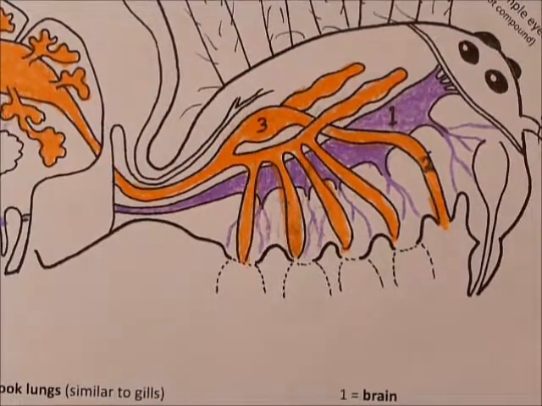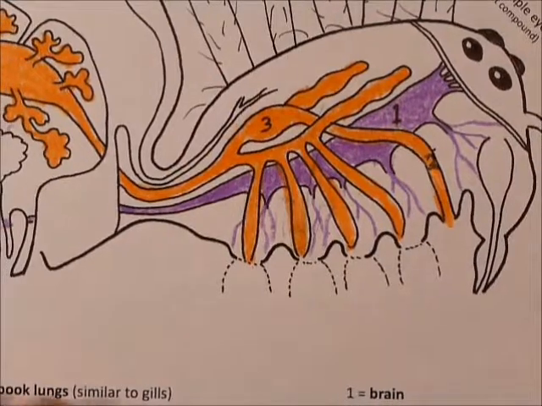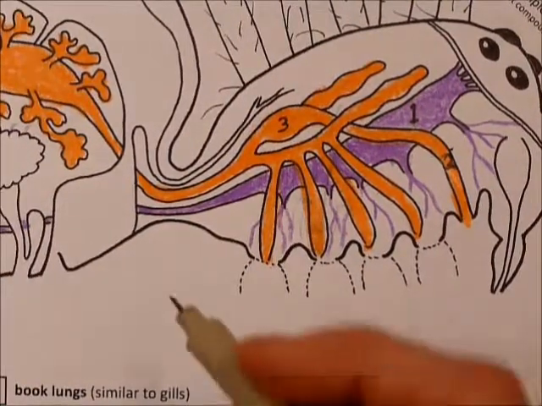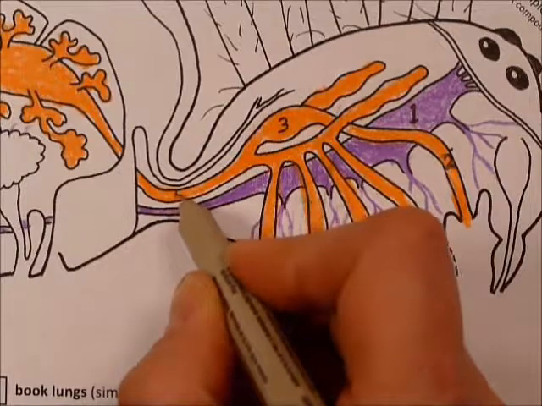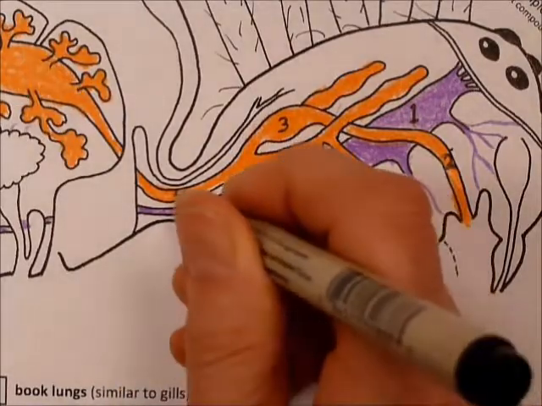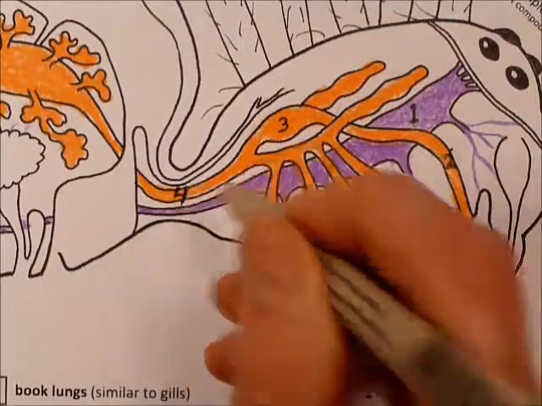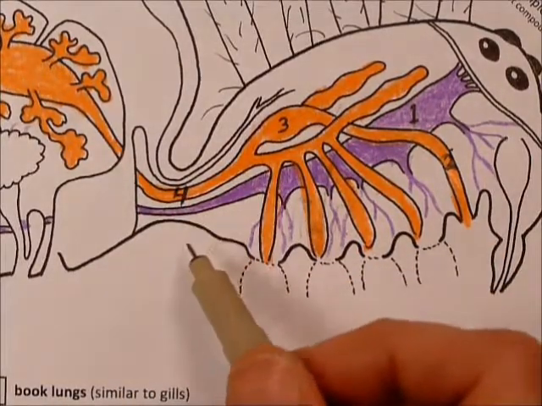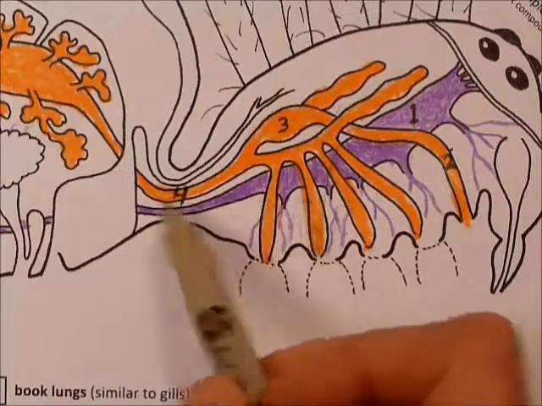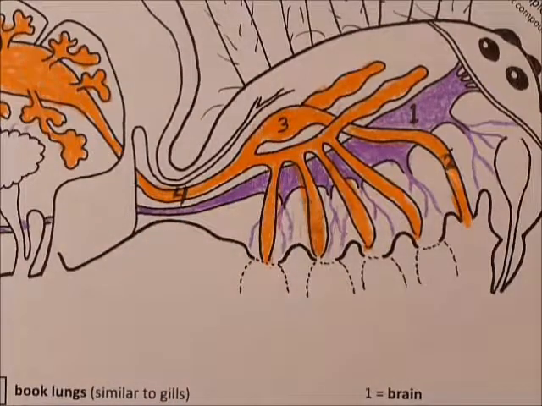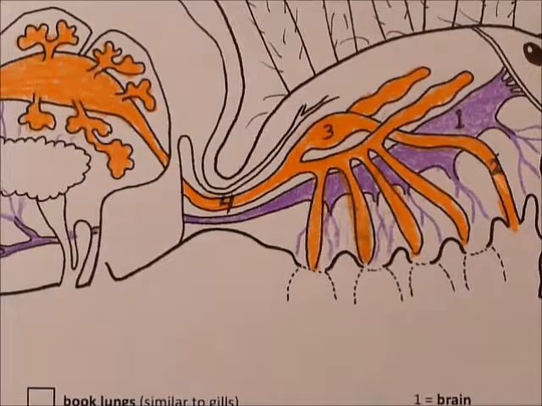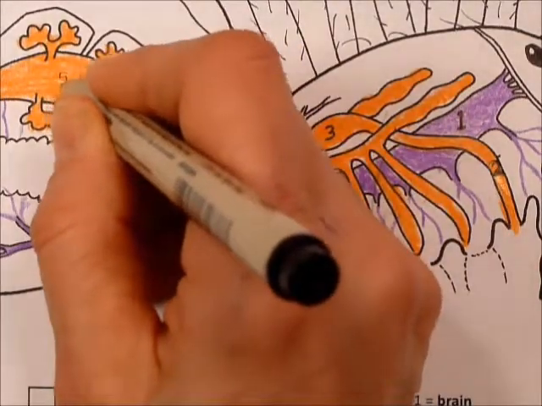And let's label for the intestine. So this might be considered the intestine down here. This thing, it doesn't have intestines like ours. It doesn't look the same. It's just kind of a pipe. And then that goes down to the digesting stomach, number 5.